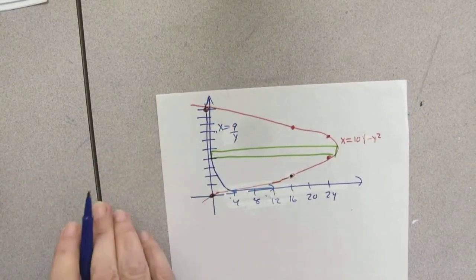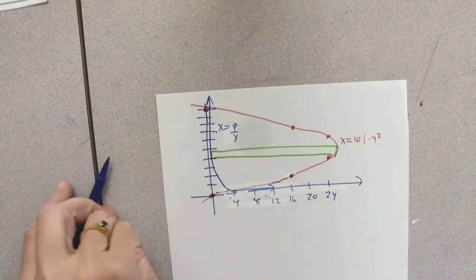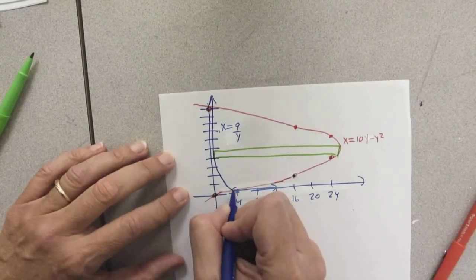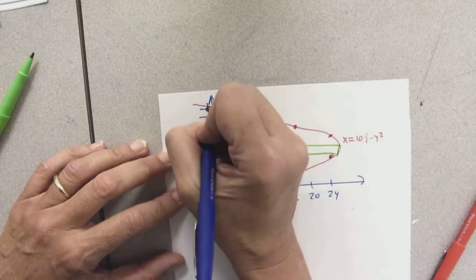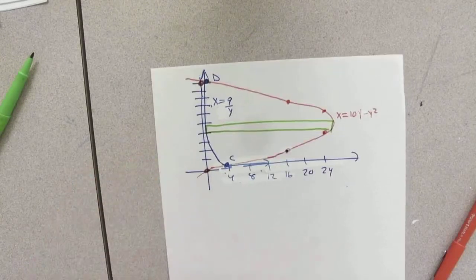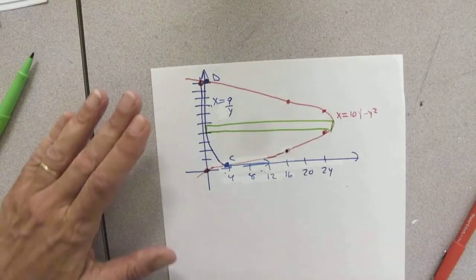The last thing I need to know here are these points. I need to know that guy, which we'll call C, and that guy, which we'll call D, that those are my points of intersection.